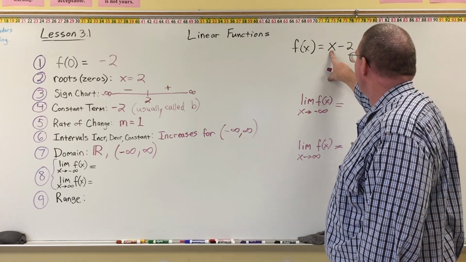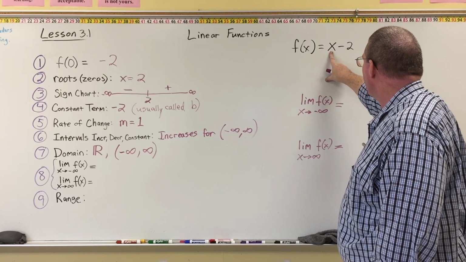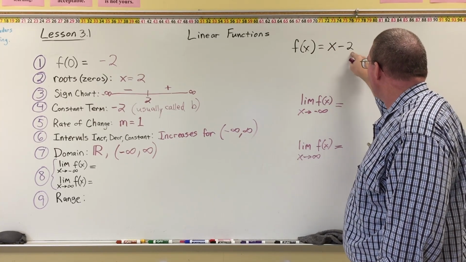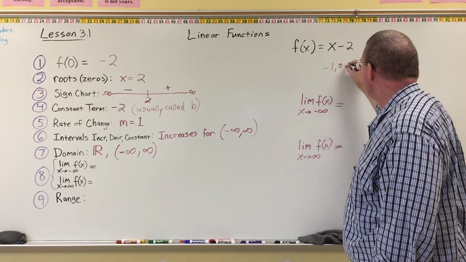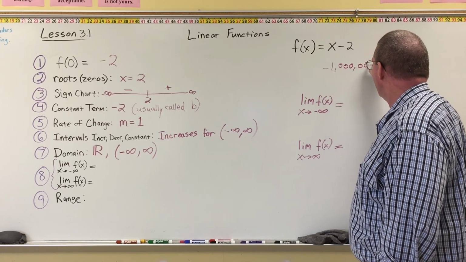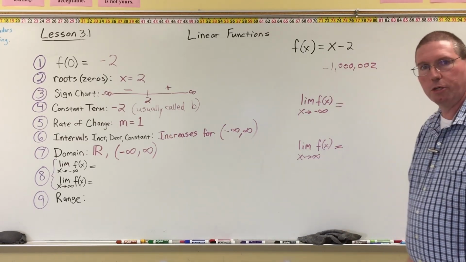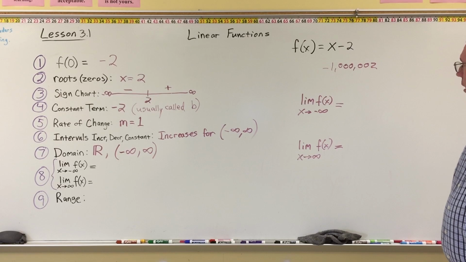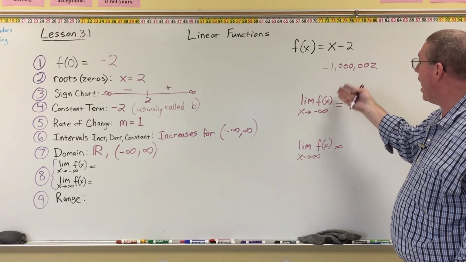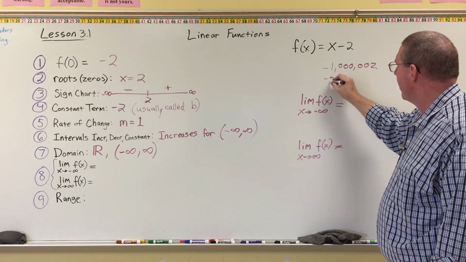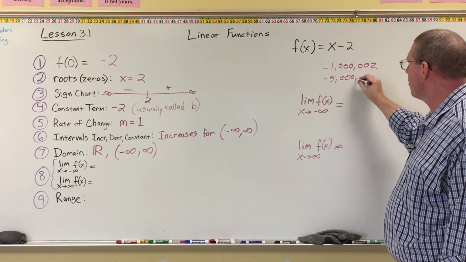Well, if I put negative 1 million in here, what do I get as an answer? Negative 1 million minus 2 is negative 1 million and 2, right? Well, what if I put in negative 5 million? Then we'd have negative 5 million and 2. And here's the funny thing.